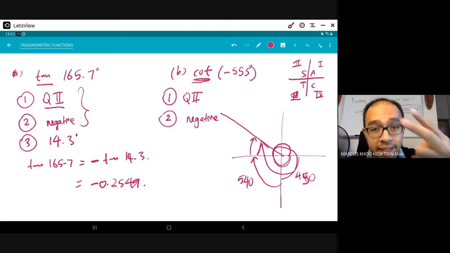So if tangent in the second quadrant is negative, cotangent is also negative.